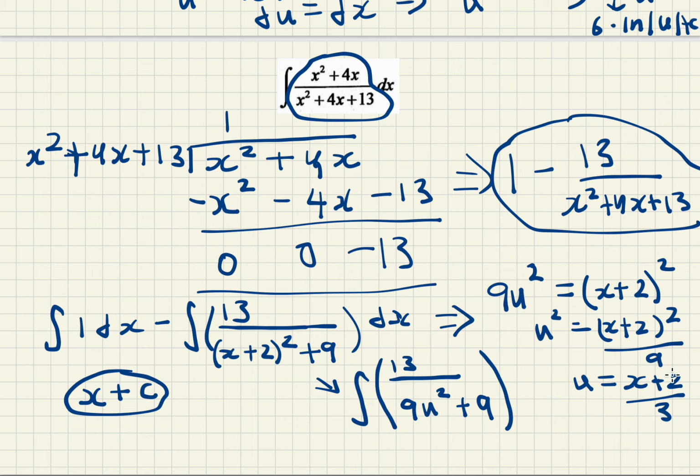Right? And if x plus 2 over 3 is u, then du is equal to the derivative of this, which is x over 3 plus 2 over 3. 2 over 3 is a constant, so that goes to 0.